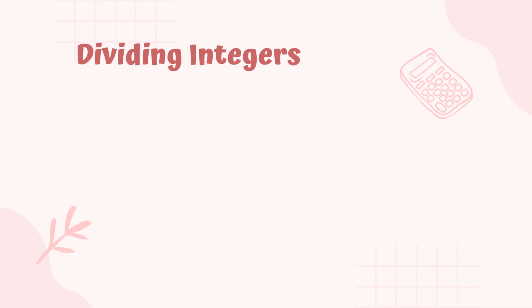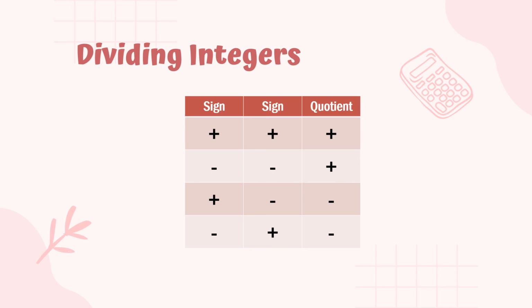So in dividing integers, we also have here the table of signs. So if both are positive, so positive divided by positive, the quotient is positive. If both are negative, so negative divided by negative, the result is also positive. If they have different signs like positive divided by negative, the result is negative.